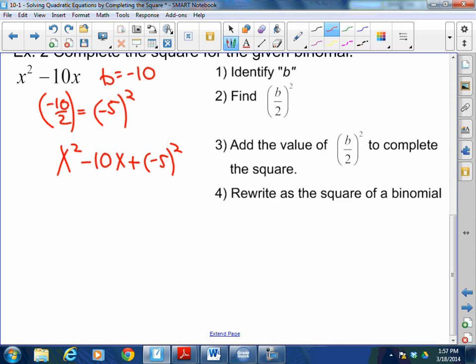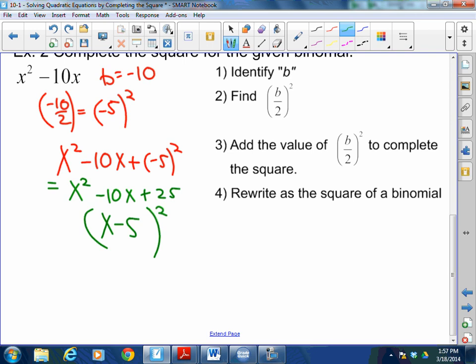Now, let me show you what you're supposed to do, and then let me show you how my trick is the best. This technically becomes x squared minus 10x plus 25, which comes out to be x minus 5 squared. It's a perfect square.